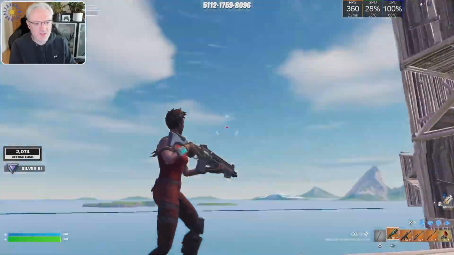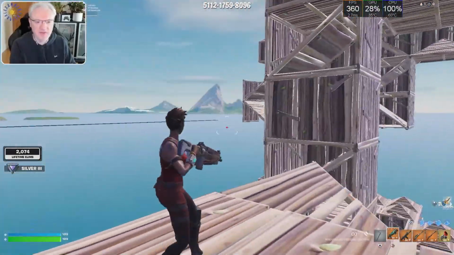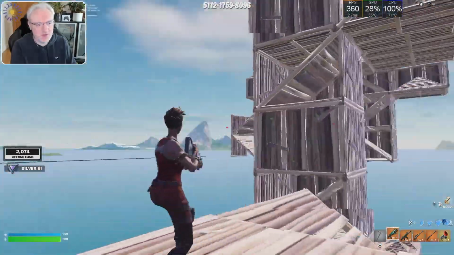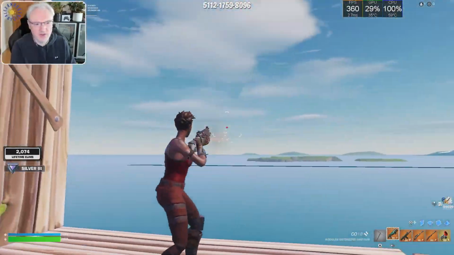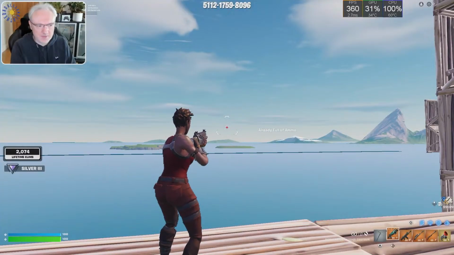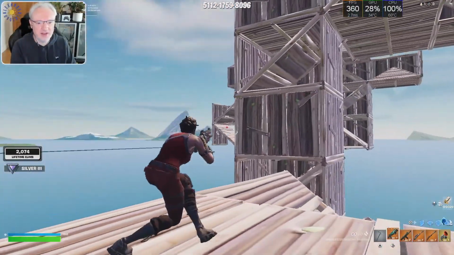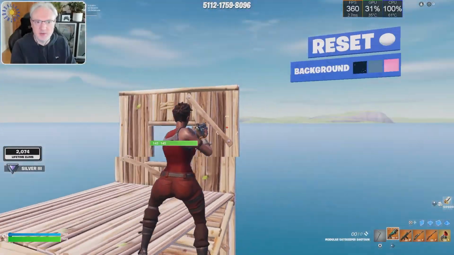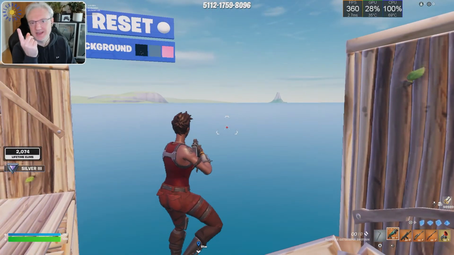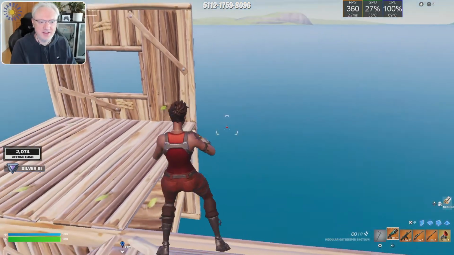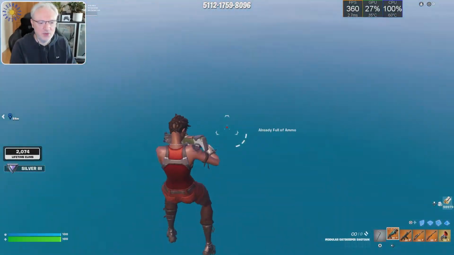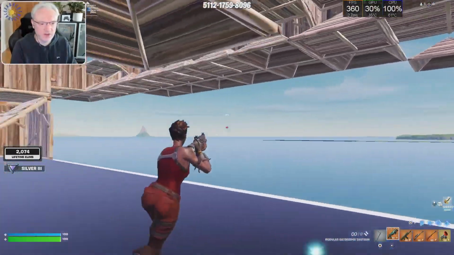You want that as smooth as possible for aiming, because the smoother it is, the better the motion clarity is going to be when you're going across the screen and trying to shoot them. So if you're maintaining your FPS pretty well at your cap, in my case 360, then you want that 360 as smooth as possible so you can flick across the screen and shoot people easier.